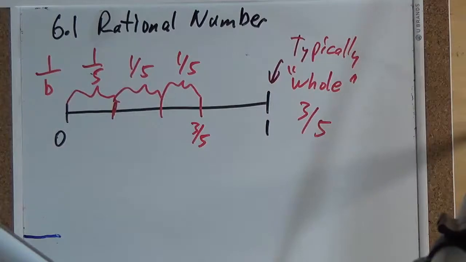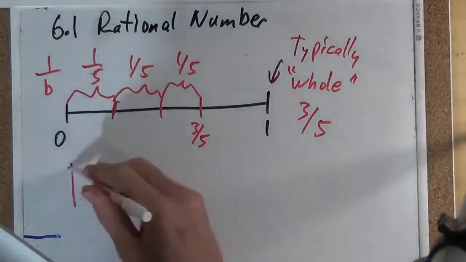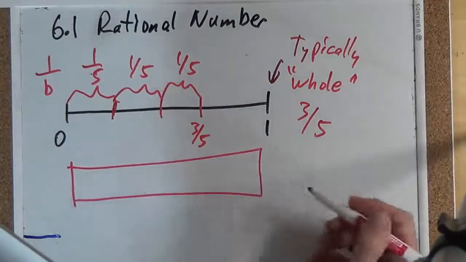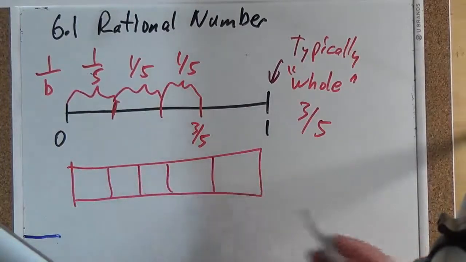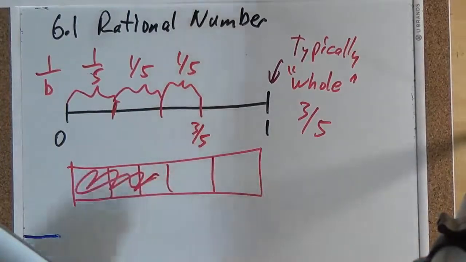So it looks a lot like my rectangle. If I just extend the rectangle out, I had 5 equal pieces, and we selected 3 of the parts.